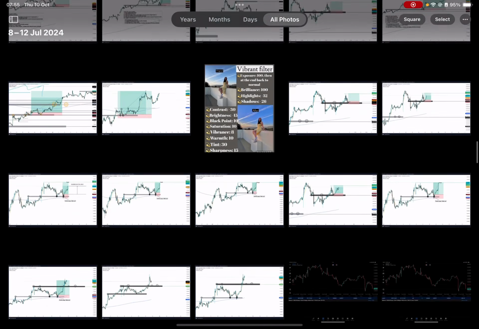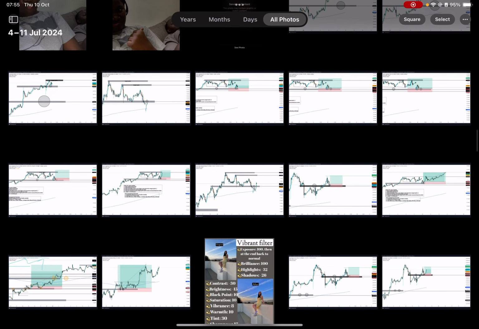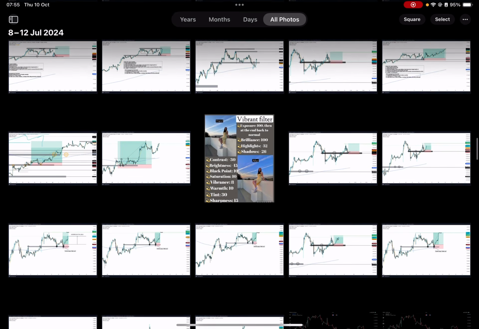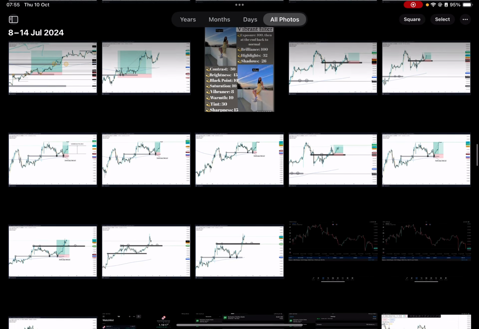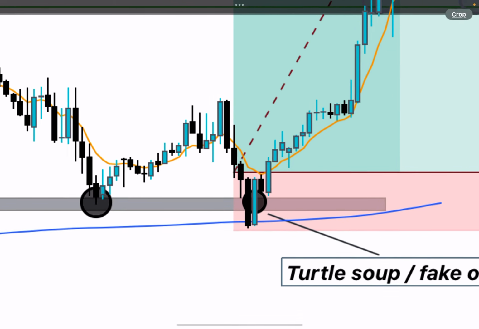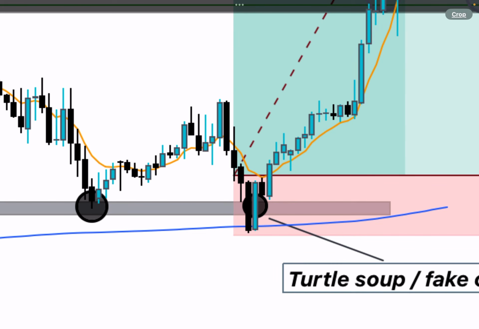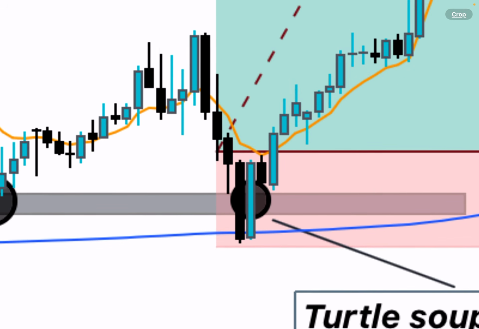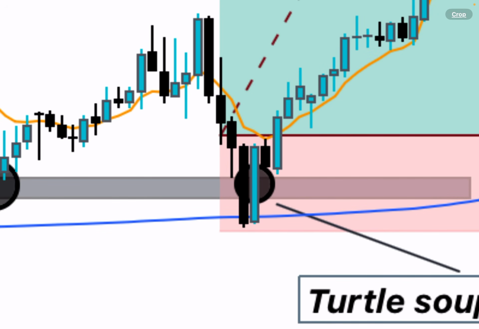Turtle soup is a fake out. I adopted the term from when I was studying liquidity a couple of times, and I got to understand that this is a fake out. You usually know it's a fake out mostly because of the quick reversal that occurs. So price will break a level and run back to pretty much where it broke from, so rapid.